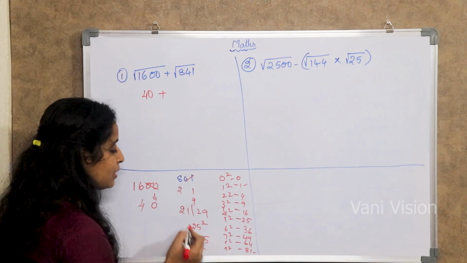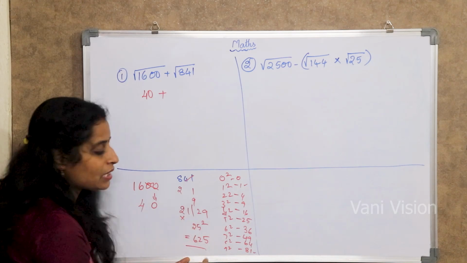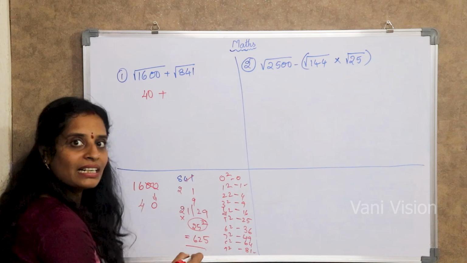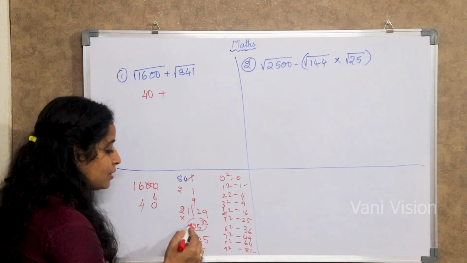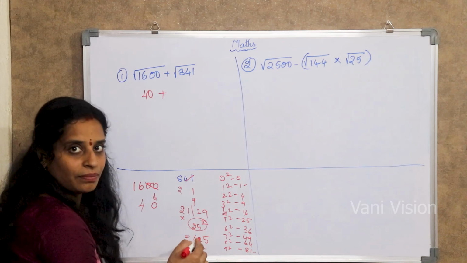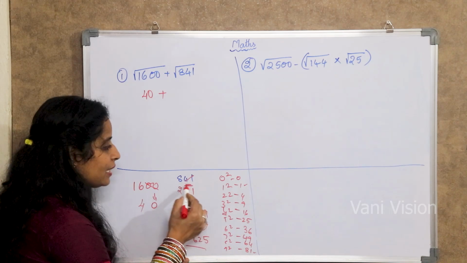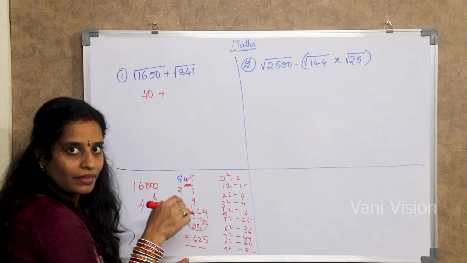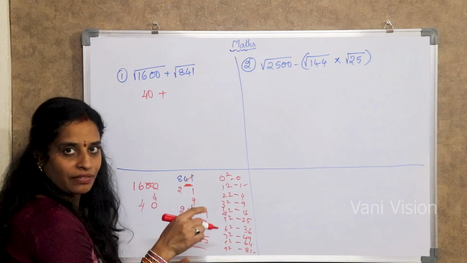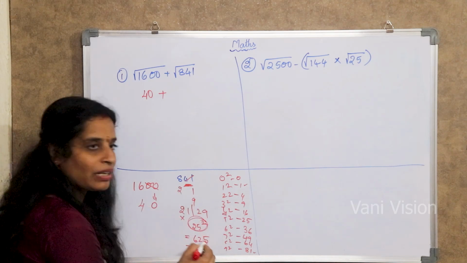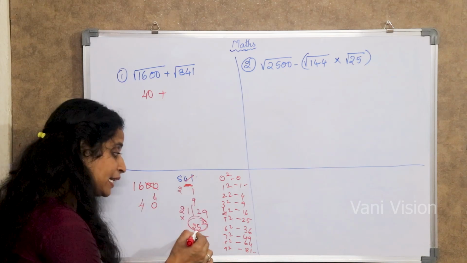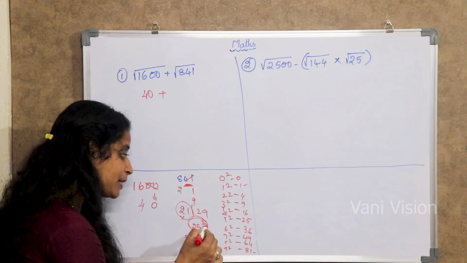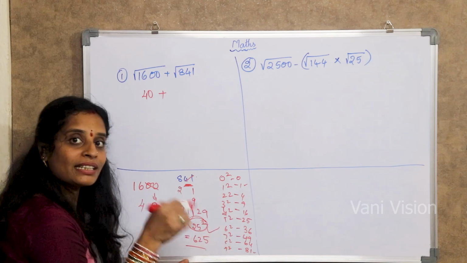So that means 21 may not be the answer, because 25 square is bigger than 21 square. 841 is our number, the square should be of 841. But our 25 square is 625, which is smaller than this value. That means 21 square will be smaller than 25 square.